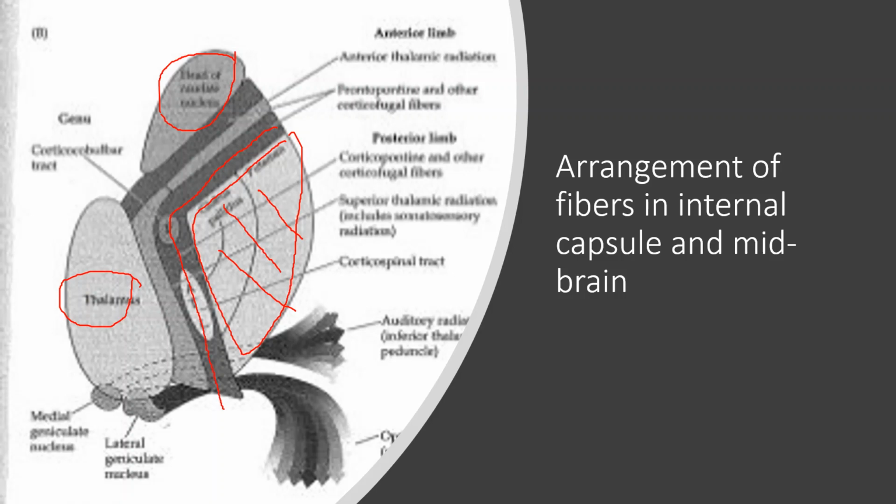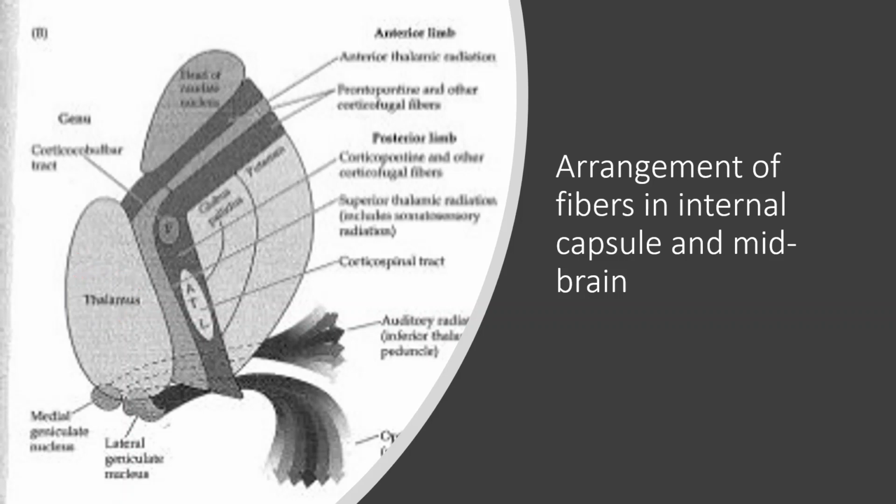So even in the imaging, in the MRI or in the CT, you look for the signals of these three structures: signal of the thalamus, signal of the head of the caudate nucleus, signal of the lentiform nucleus, and then you look for an L-shaped hypointensity in between.